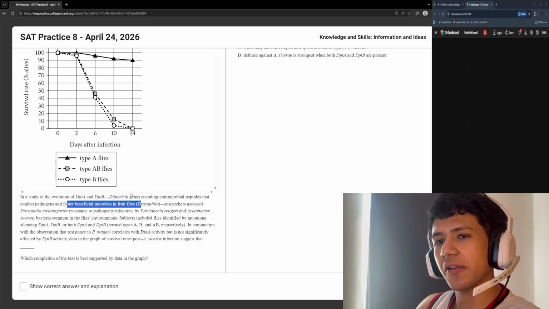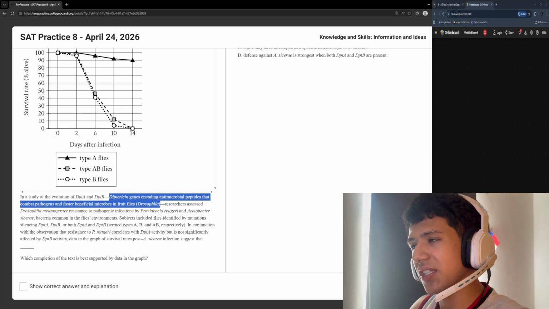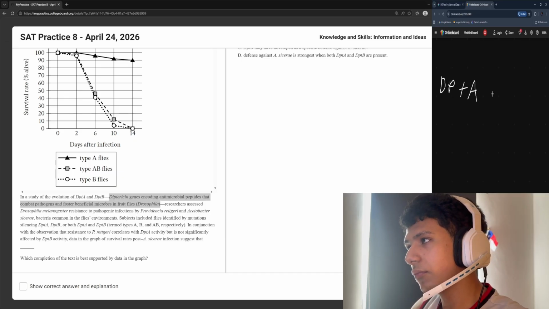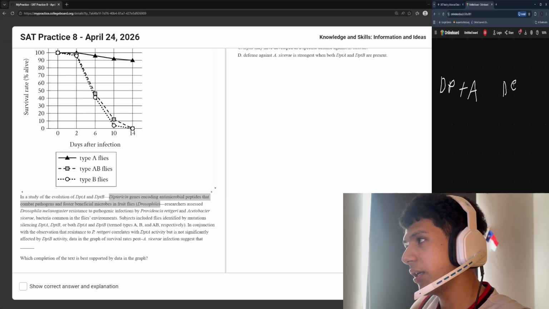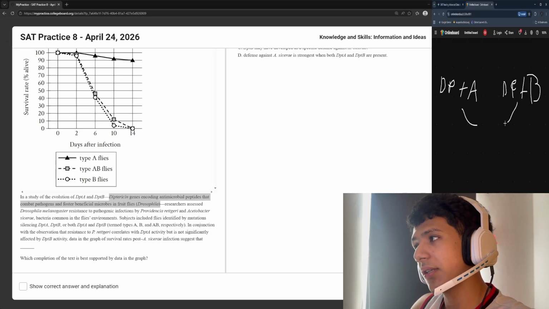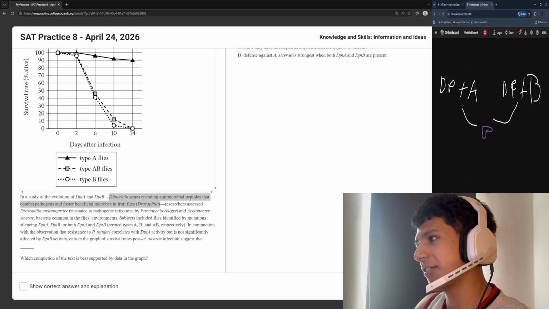So what this part of the text says, very scientific, but it basically says that both DPTA and DPTB, both of them combat bacteria, right?